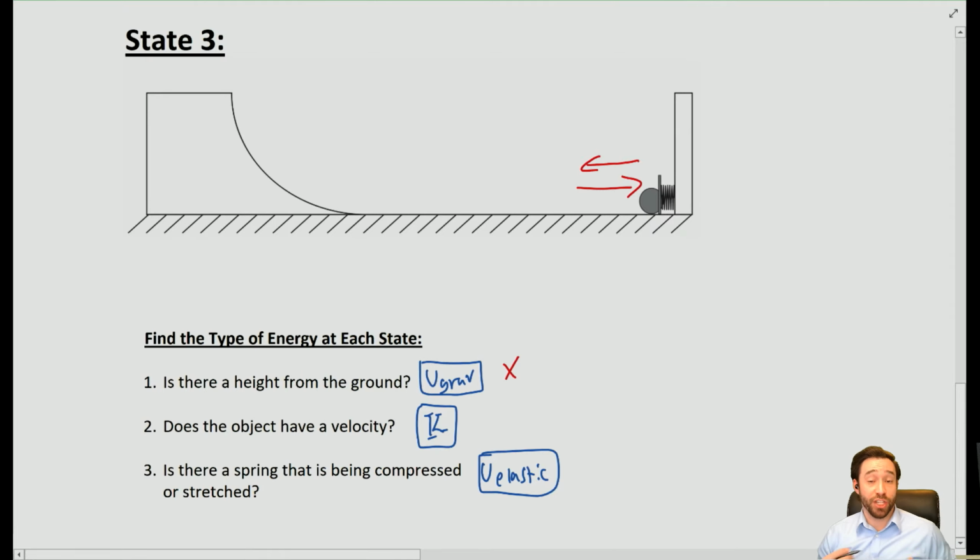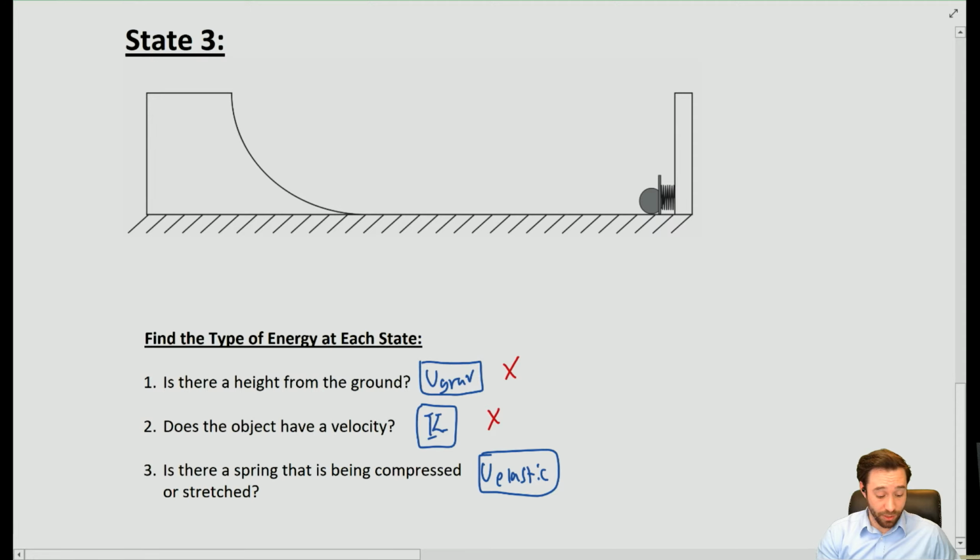And anytime that we're changing directions, positive and negative, we have to go through a point in time where my velocity must equal 0 in order to swap signs. So that is what this instant is. This is the instant right before it gets launched back in the other direction. So that means that my velocity is 0. So there is no velocity at state 3.